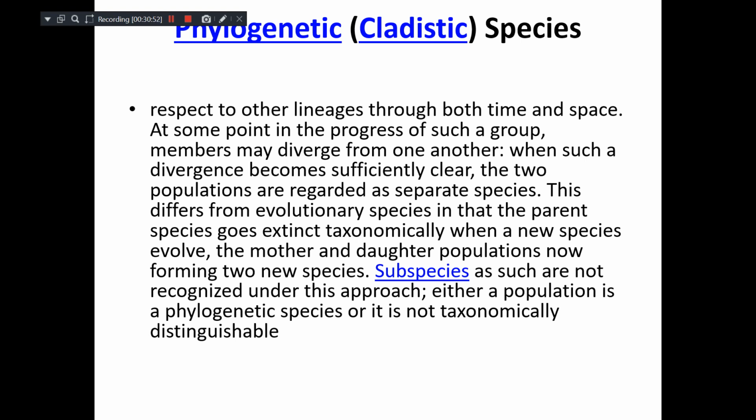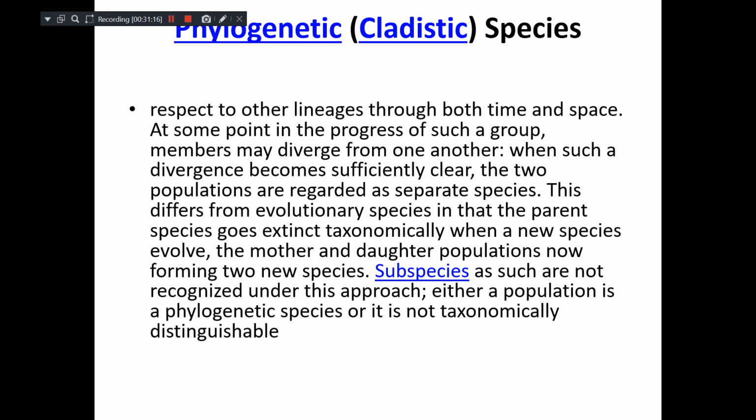Now you may ask what the difference is between this phylogenetic or cladistic species and the evolutionary species. In evolutionary species, the parent species goes extinct taxonomically.